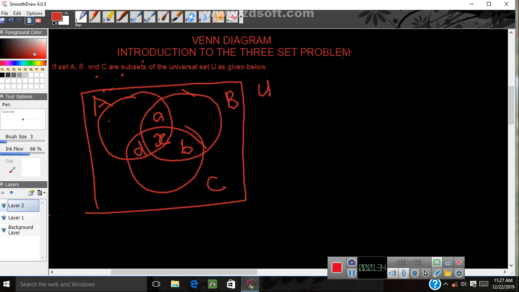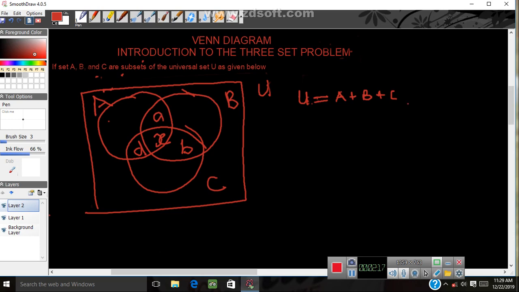Anytime we have such a relation, then we can deduce that the universal set U in this regard is equal to the summation of the three major sets. So the three major sets are A plus B plus C. Then we subtract the smaller sets.